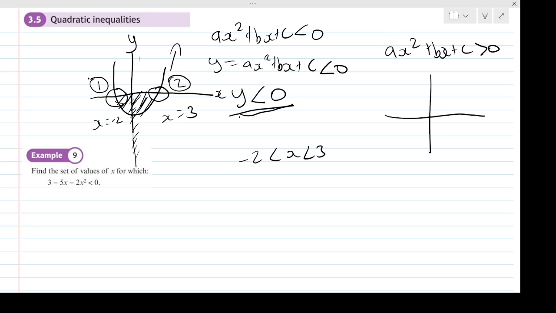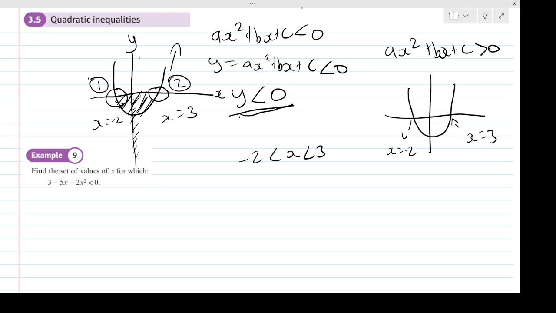I'm just giving the general shape of a quadratic curve. But anyway, okay, we have the same curve again. Now this time, again, it's the same points 1 and 2, but I'm not going to label that here. When x is -2, and then the other root is x equals 3.